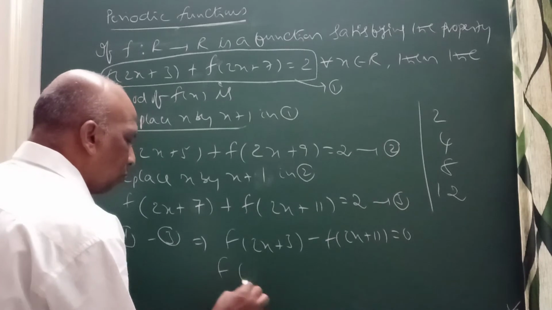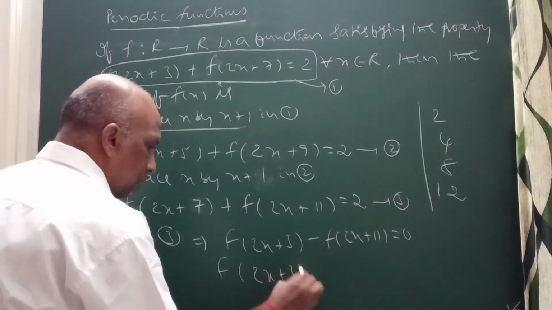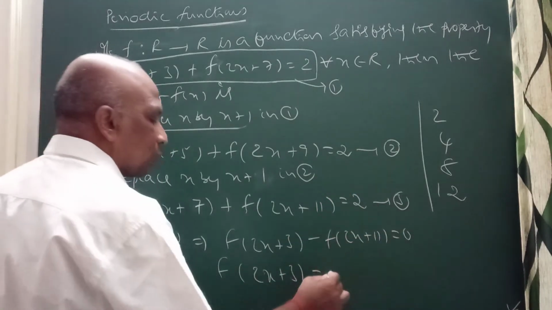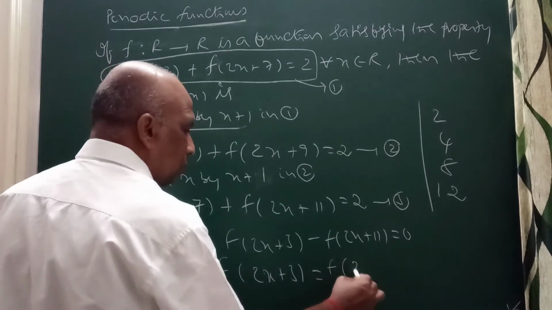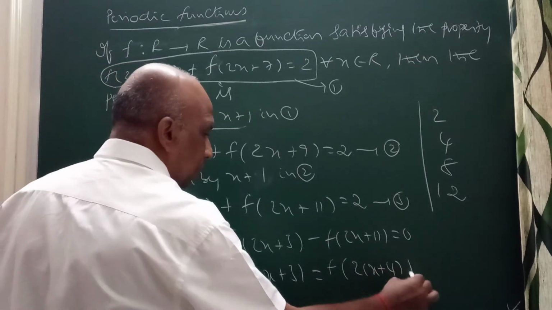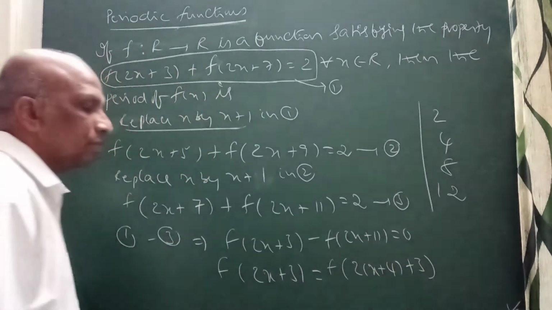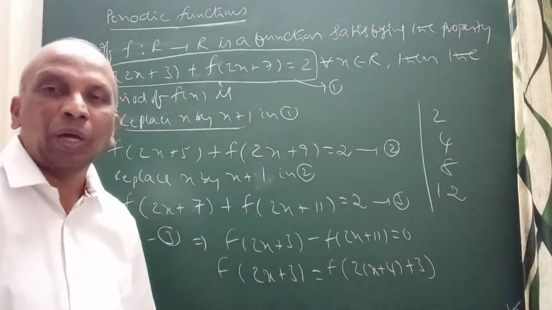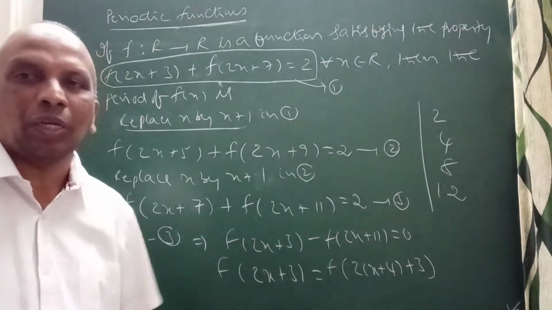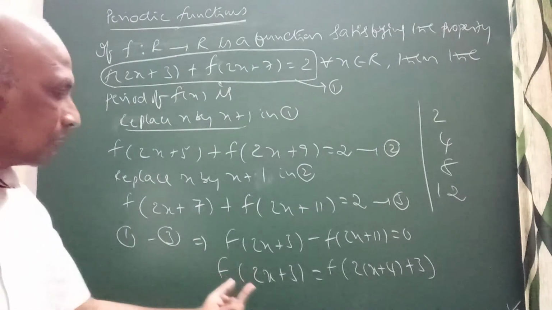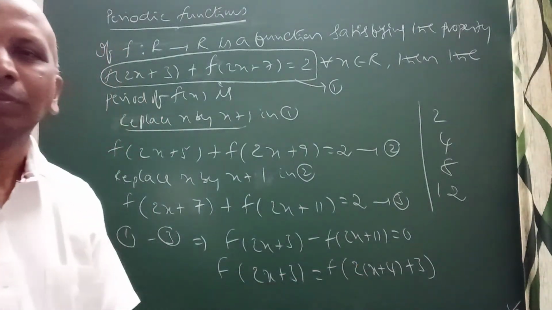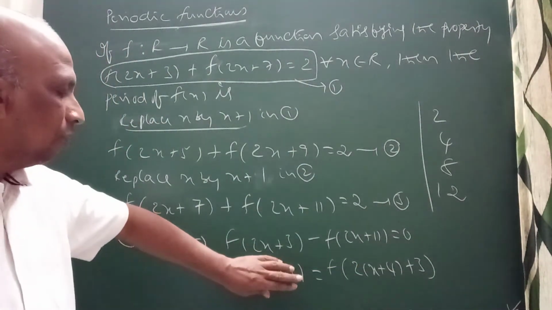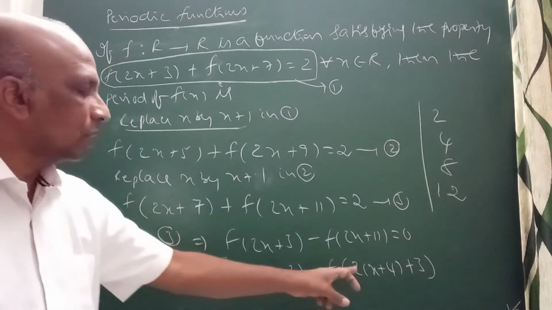I got f of 2x plus 3. If we transfer that side, f of 2x plus 11, this means f of 2 into x plus 4 plus 3. I can write f of 2x plus 3 and f of 2x plus 4 plus 3. These two are equal. That means this function has period 4. Let this be f of y.